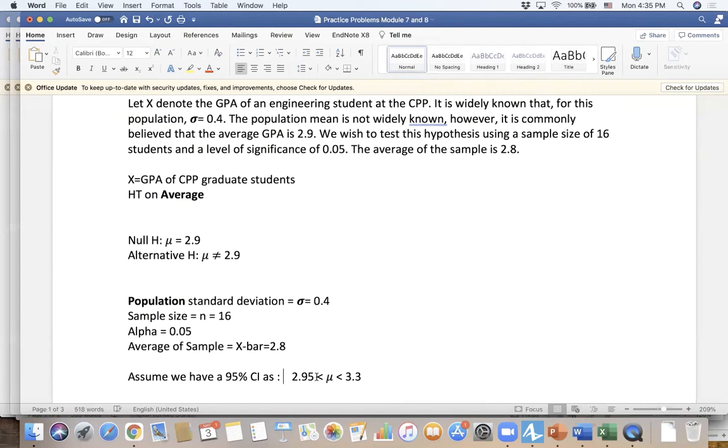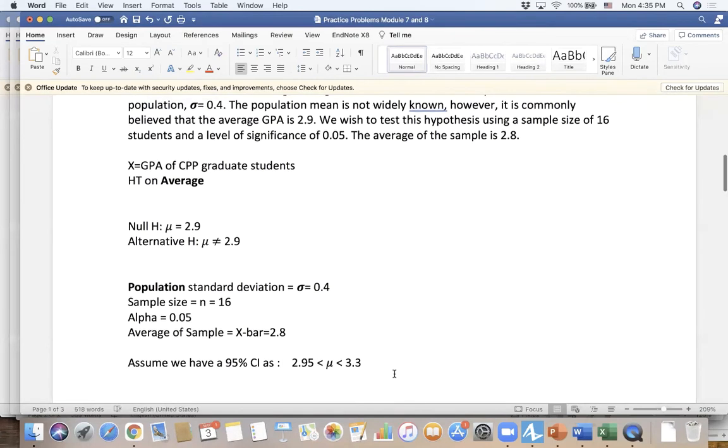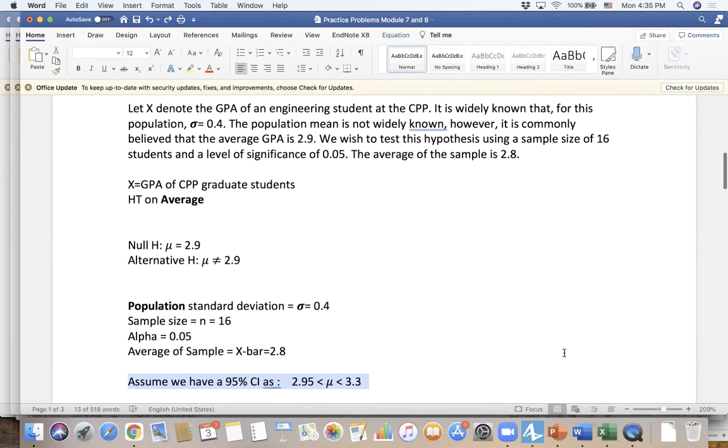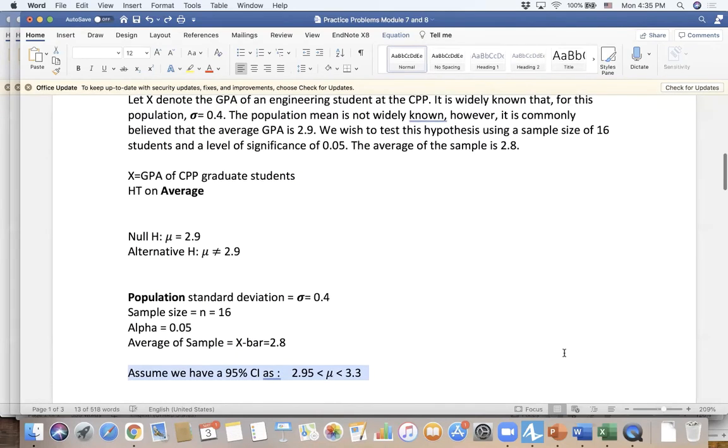Okay, so that's my confidence interval. Tell me, given this confidence interval, what is your conclusion about the hypothesis test?